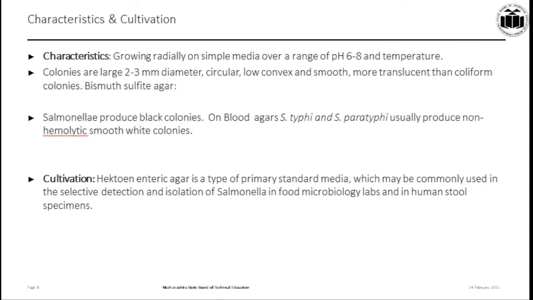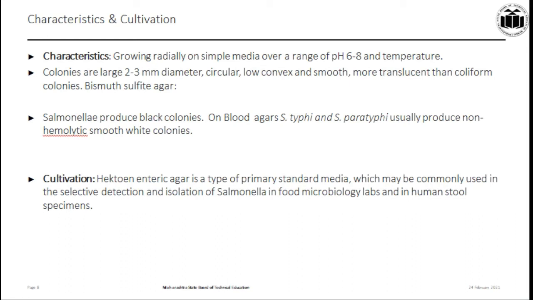When we look over the next point, that is cultivation and characteristics of Salmonella. So what are the parameters required for cultivation of Salmonella? Salmonella grows very rapidly on simple media, and the pH of that media should be 6 to 8.